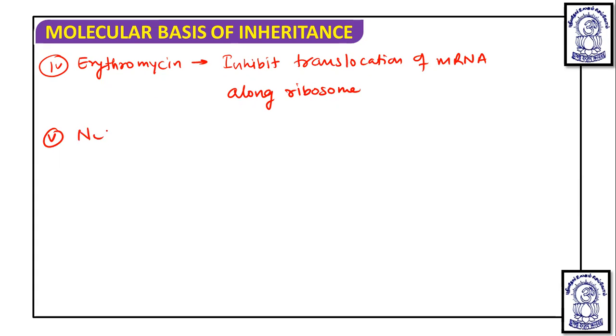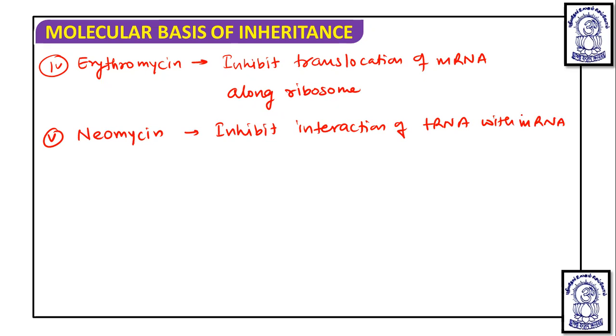Then fifth is neomycin. Neomycin inhibits interaction of tRNA with mRNA, meaning codon-anticodon binding.